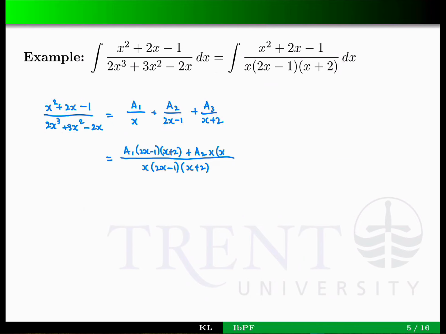So x and x plus 2, and similarly, your A3 will be multiplied by x and 2x minus 1 because the denominator of A3 is this expression here.